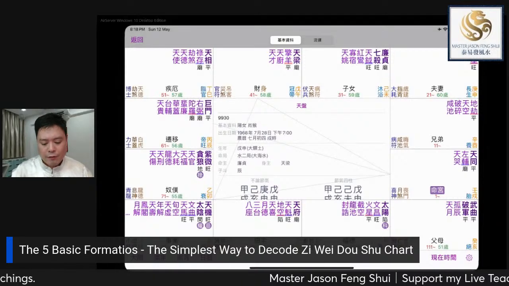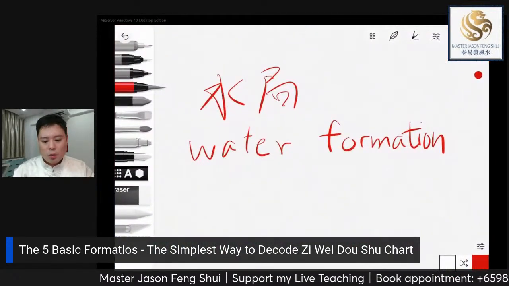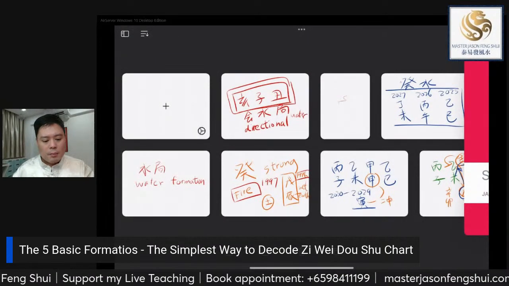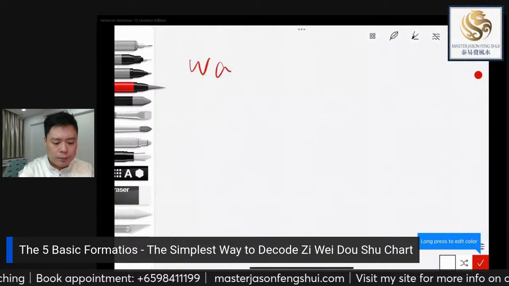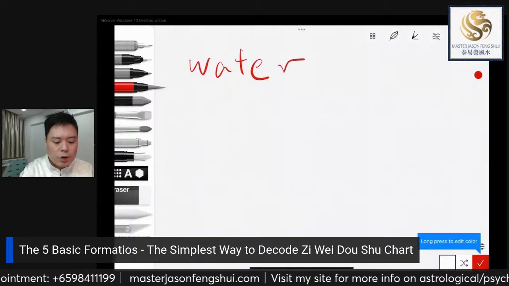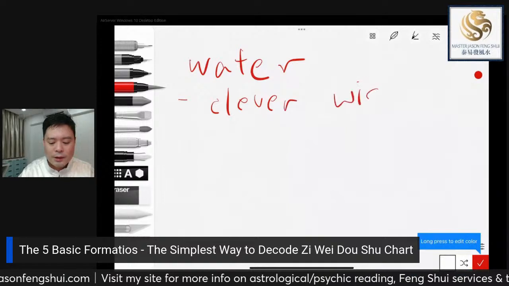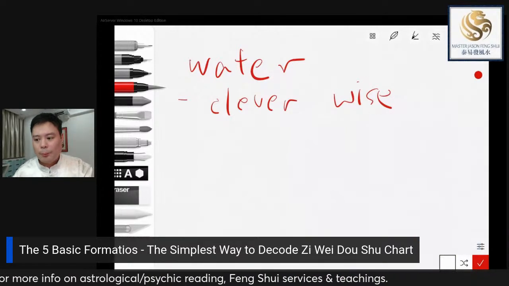about the person's life. For example, this water formation, what kind of characteristics will this formation have? People who are part of the water formation will usually be very clever and wise, because water is a symbol for wisdom.